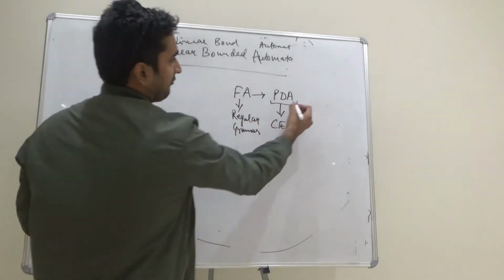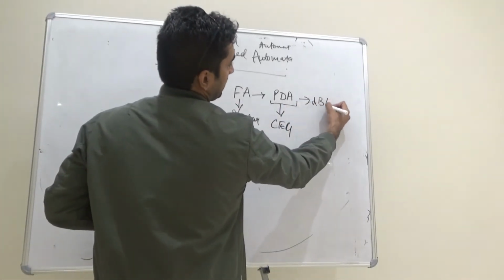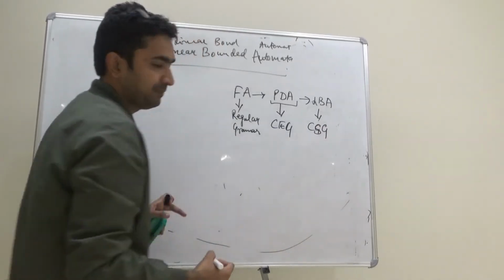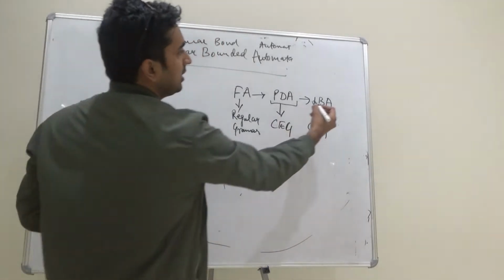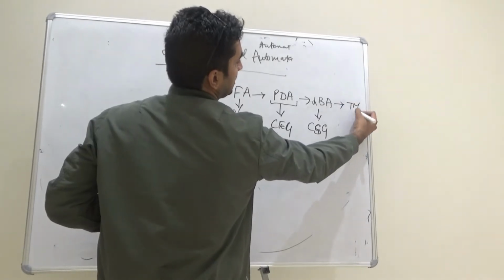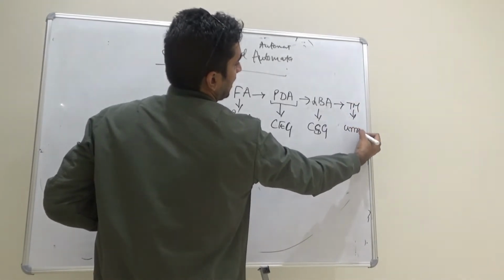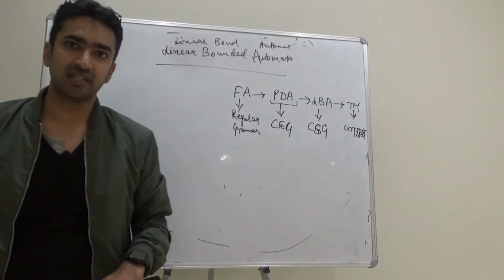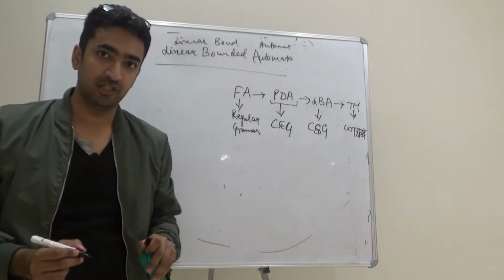Then comes linear bound automata, which accepts context sensitive grammar. And last but not least, the Turing machine accepts unrestricted grammar, right? So unrestricted grammar is accepted by the Turing machine.